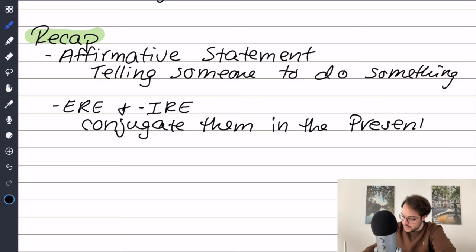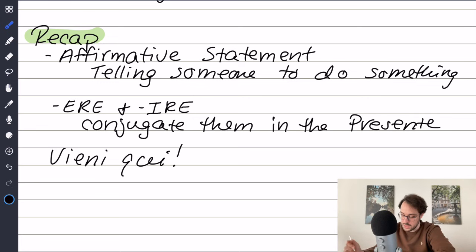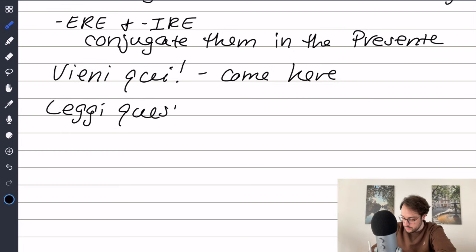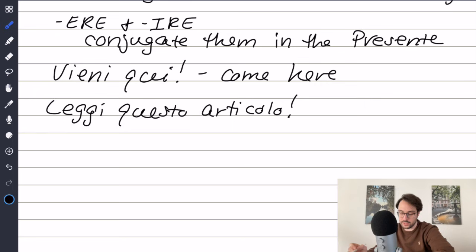So to give some more examples, I'm going to keep calling it presente. You can say vieni qui. Vieni qui, and that means come here. What about a different verb like leggere, right? I want to say read this. Leggi questo. Let's put another word in, articolo. Leggi questo articolo. Read this article.